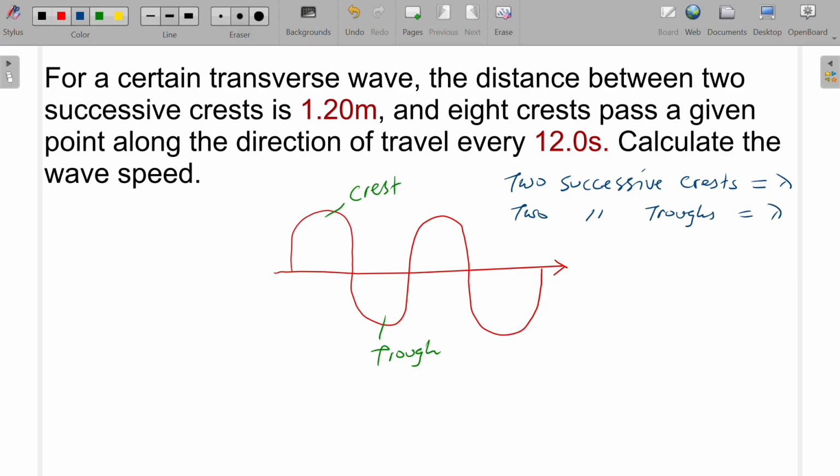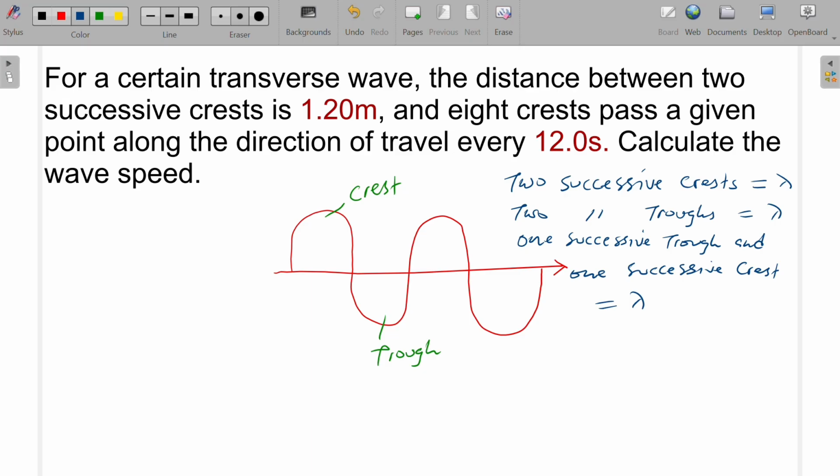And if we have the distance between one successive trough and one successive crest, this is also equal to wavelength.